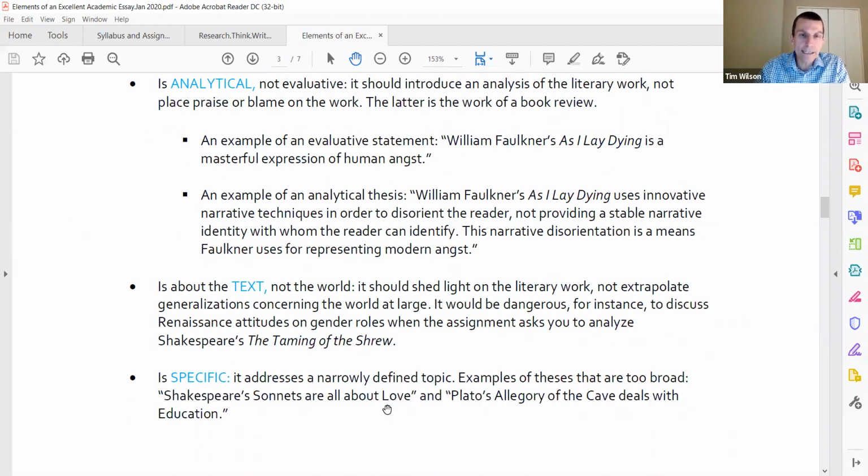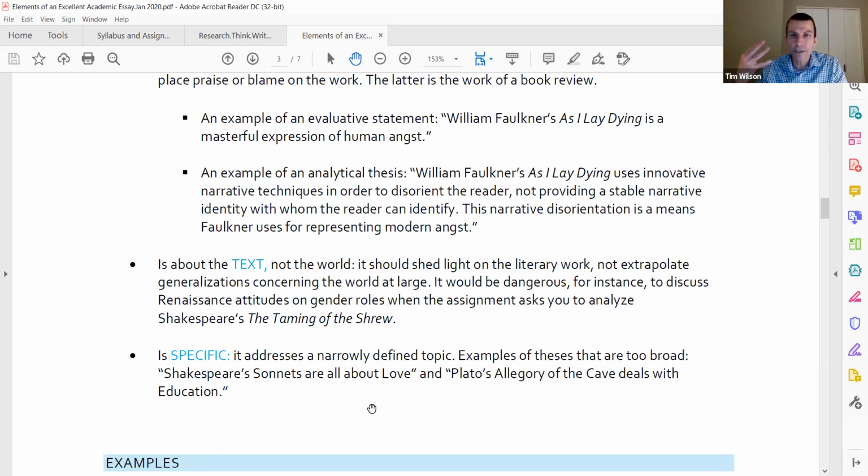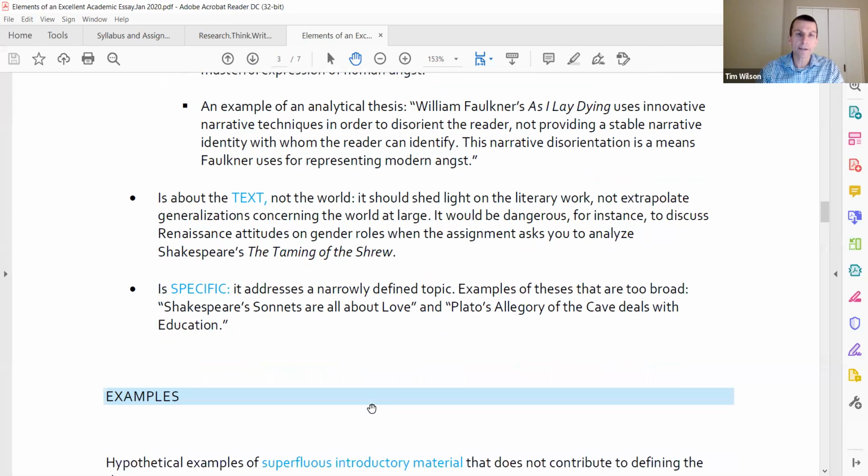So it's about the text. It's not about the world. So the thesis, if you're looking at Shakespeare's Taming of the Shrew, your analysis is going to shed light on the text. It's not going to presume to be an analysis of the social world outside. And specific, I cannot emphasize this enough, okay?